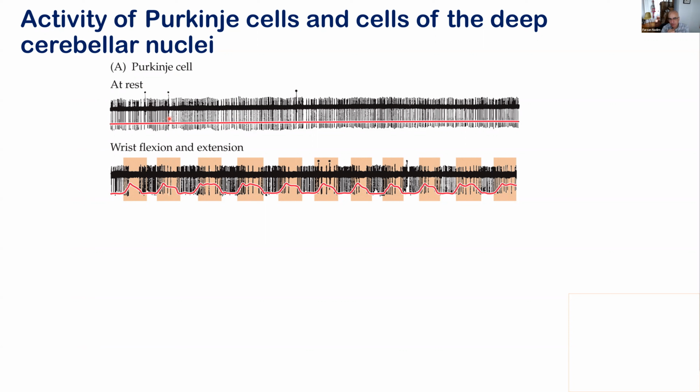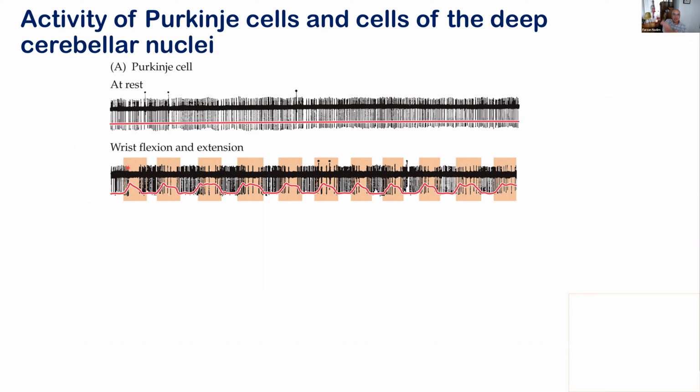So this is a typical firing of the Purkinje cell. And in fact, if you remove all synaptic input from the Purkinje cell, it's going to fire at about 50 hertz like clockwork without any variability. So all of the variability that you see is due to synaptic input that it's receiving. Now, here's a recording of that same cell in a monkey, as the monkey does wrist flexion and extension.